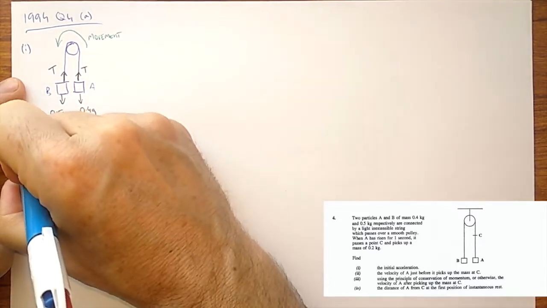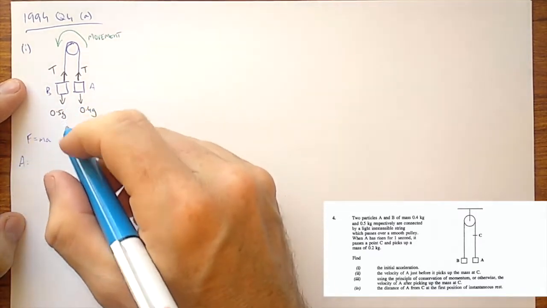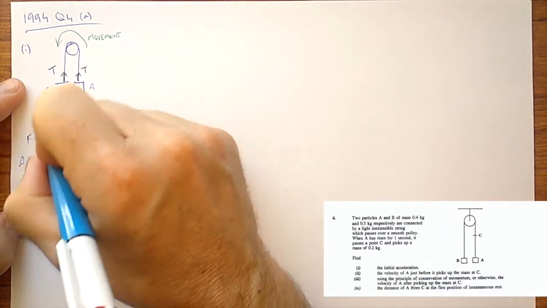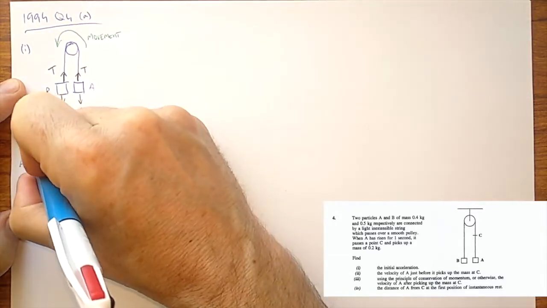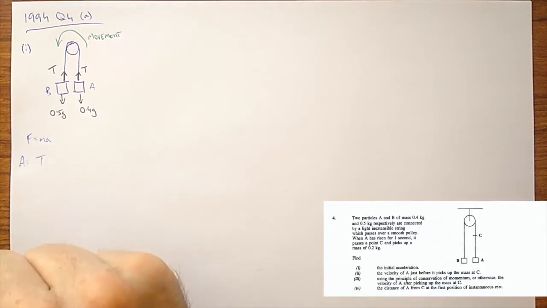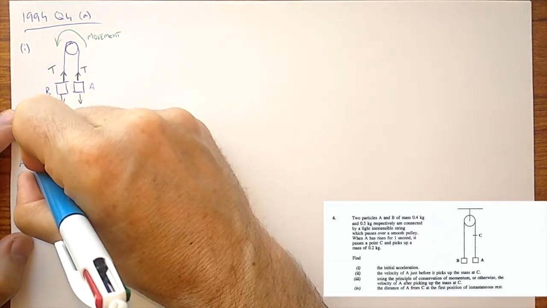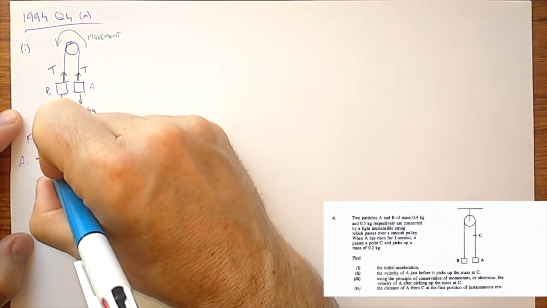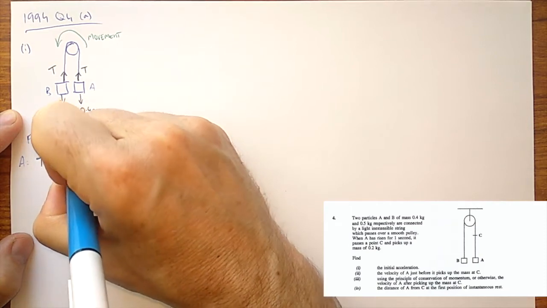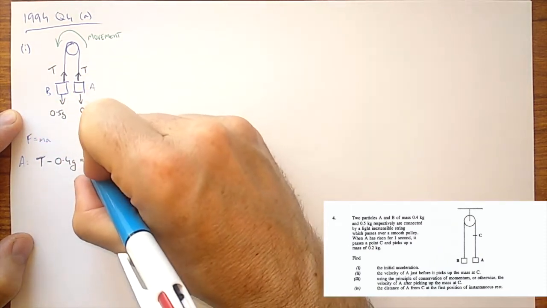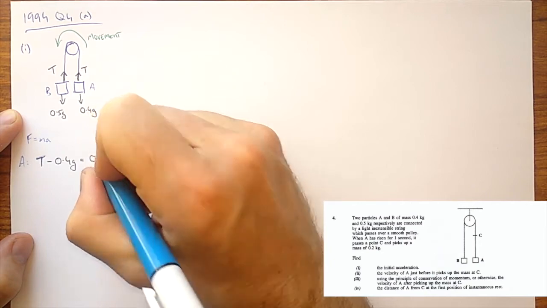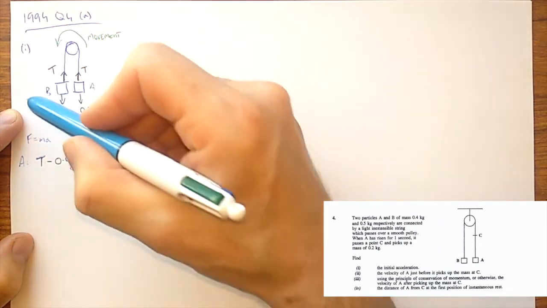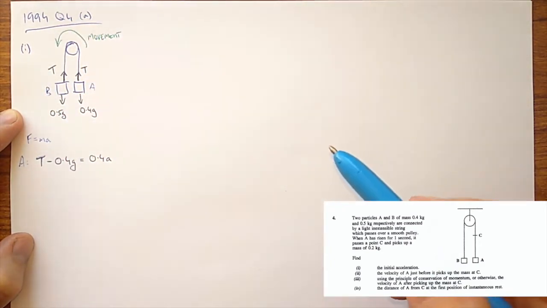For A, the force is going upwards, so T minus 0.4 G equals the mass 0.4 with acceleration A. And because they're on one string, there's a common acceleration between the two of them.